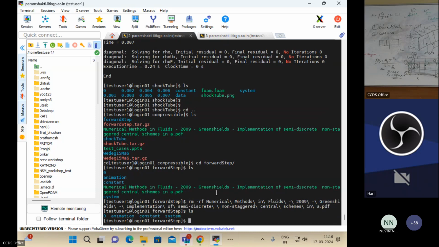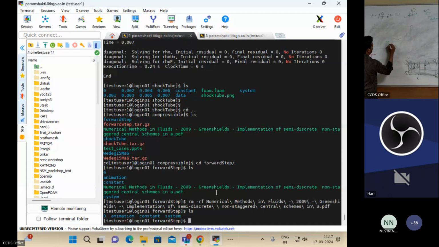Okay. The next problem that we are going to solve is flow over the forward facing step.